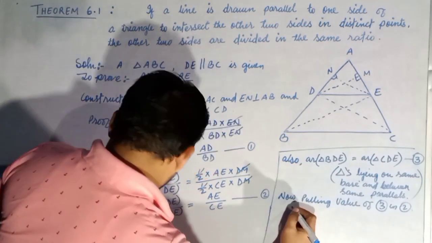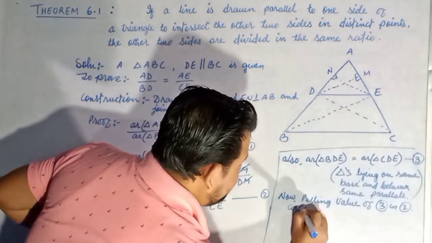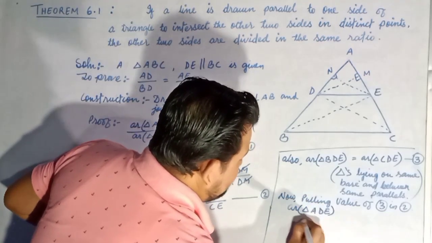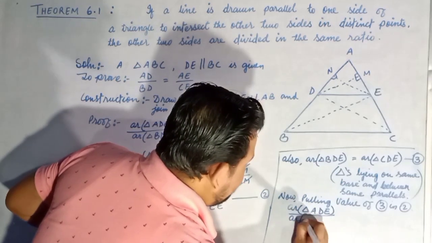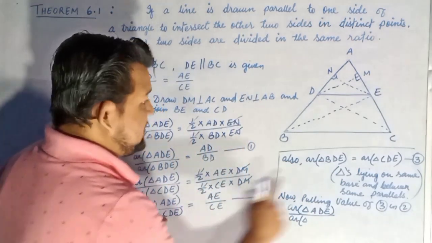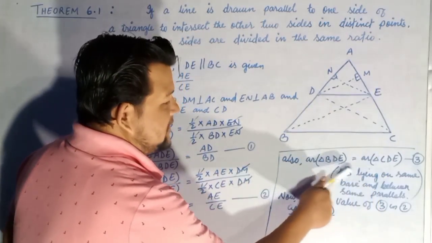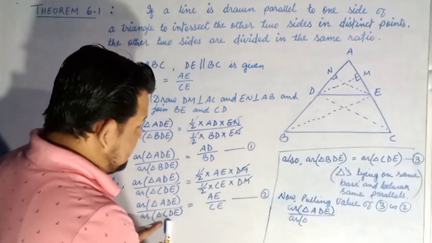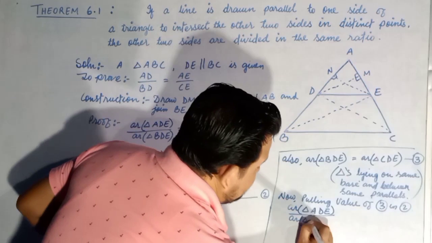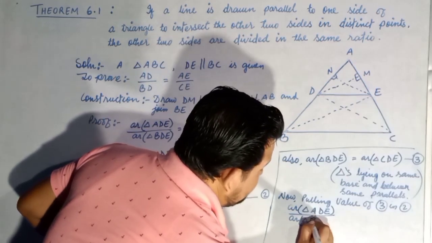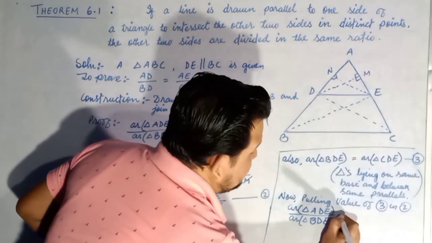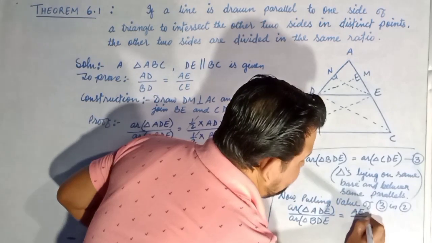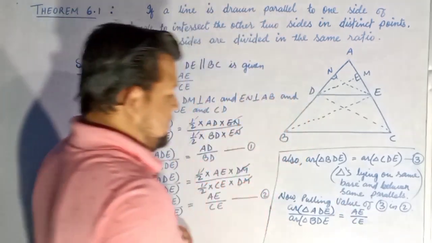So putting this value in equation number 2, we get the area of triangle ADE by the area of triangle BDE, which is equal to AE by CE.